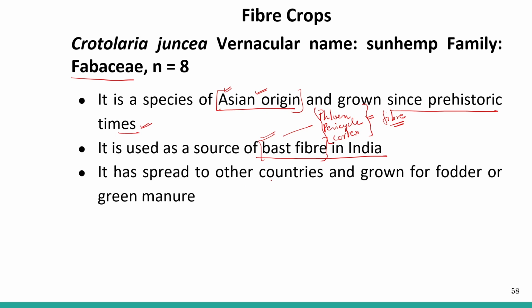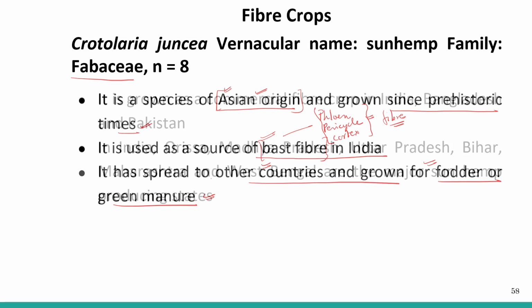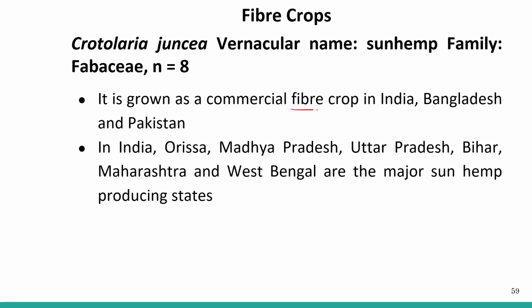It has spread to other countries and is grown for fodder or green manure. So it is not only found in India but in some other countries also, and it is a good source for fodder or green manure. It is grown as a commercial fiber crop in India, Bangladesh and Pakistan.